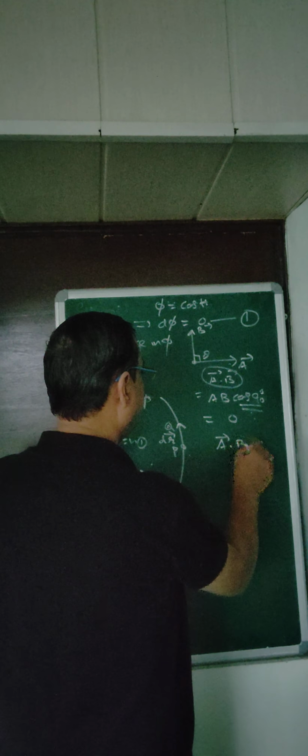When the right hand side is equal to 0, whenever this angle theta is equal to 90 degrees, because cos 90 is equal to 0. So that will give you a dot b equal to 0. So remember, whenever the dot product of two vectors is equal to 0, it means the vectors are perpendicular to each other. So is the case here.